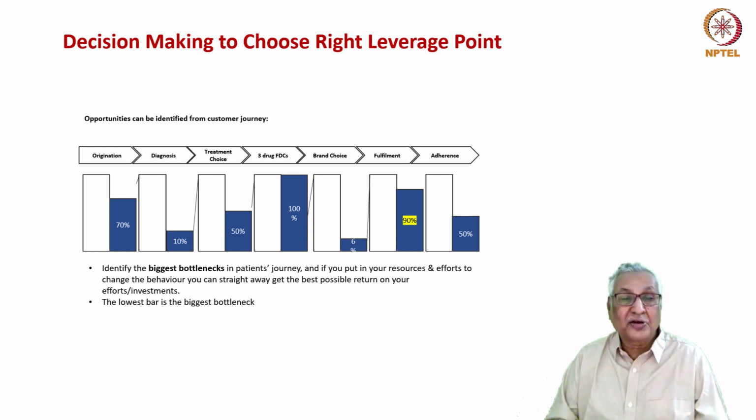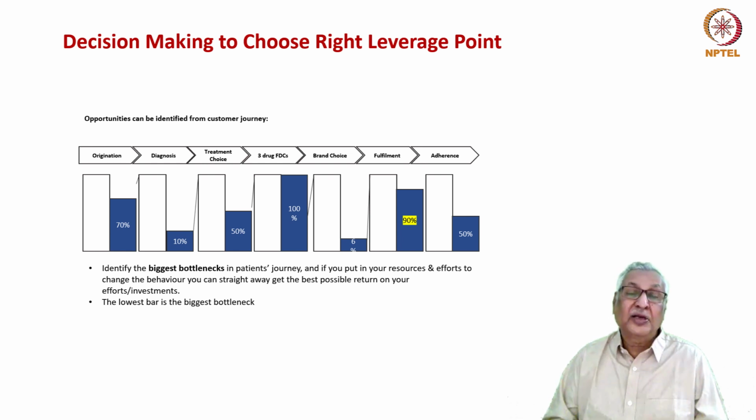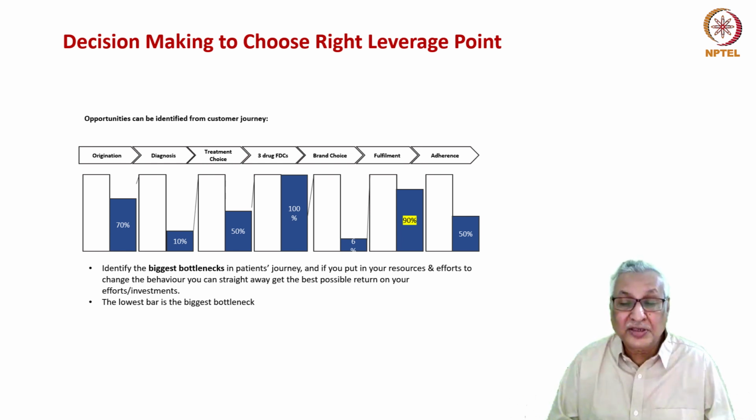Origination, next diagnosis, then treatment choice, multi-drug fixed dose combinations, then brand choice, fulfillment, and adherence. Where you make the big mark is to offer a unique combination, and that's one bottleneck which you can overcome with innovative technology. Then the other is in terms of fulfillment, that is making sure that every prescription is honored and provided by the customer.